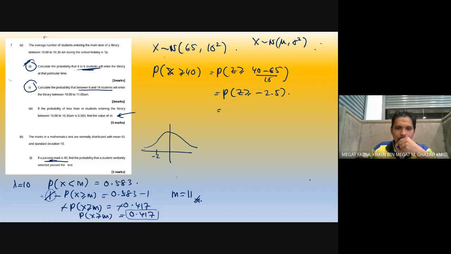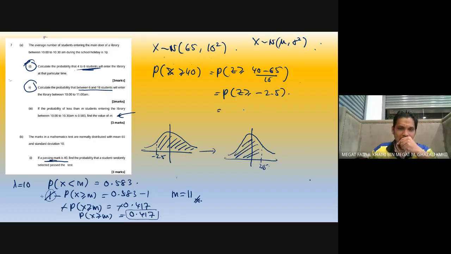So if we change the position of this, negative 2.5 to 2.5, from here to this part here.